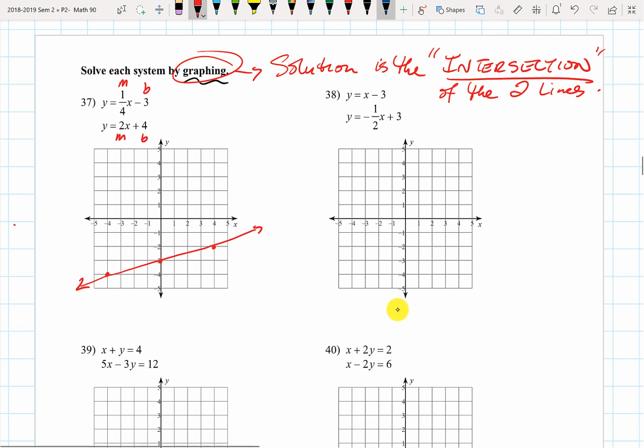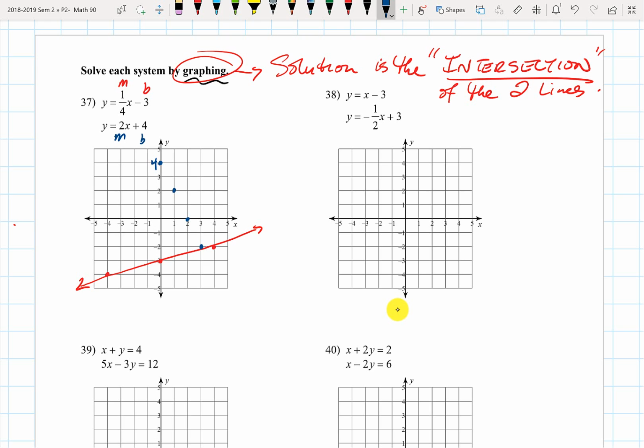And the second line, we'll do this one in blue. The slope's 2 and the y-intercept's 4. Starting up here at 4, we'll go down 2, right 1. What happened here?